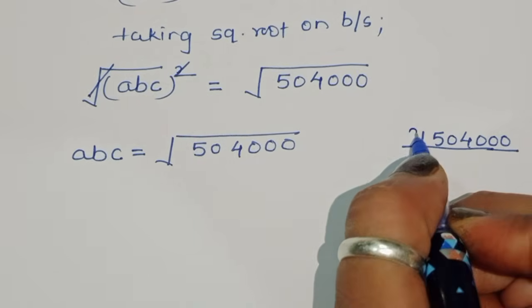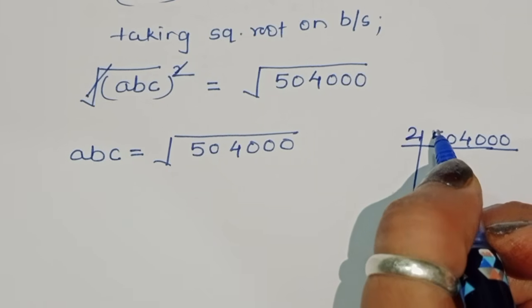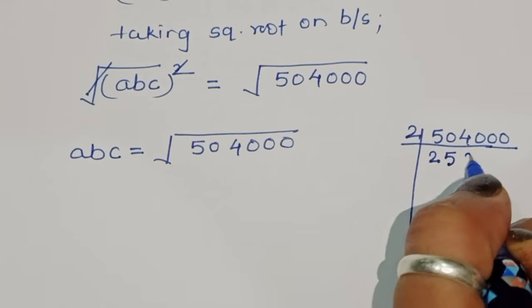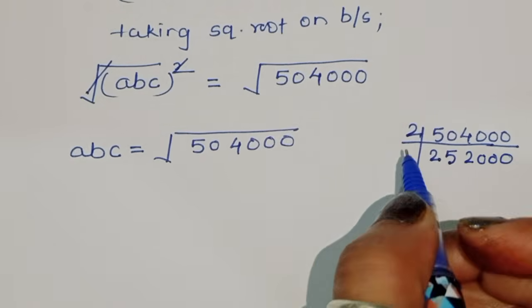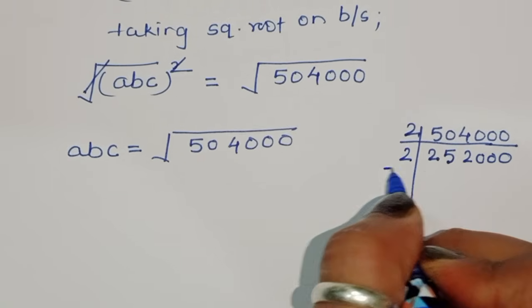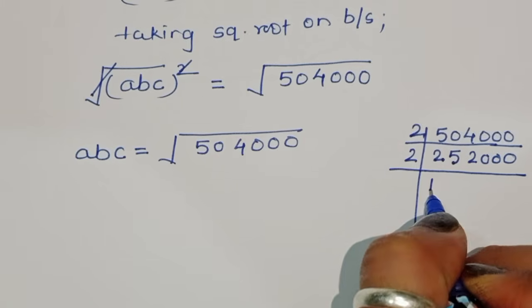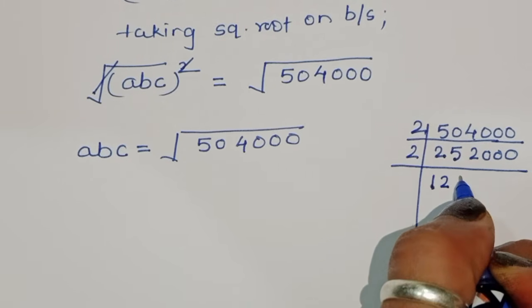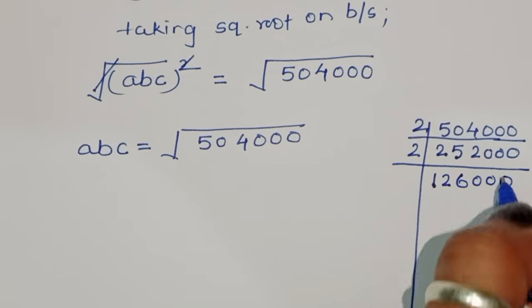So we are taking the number 504,000 and now we take the factors of this number. 2 2s are 4, and here it will become 252,000. Now again 2, so 2 1s are 2, 2 2s are 4, 126,000.